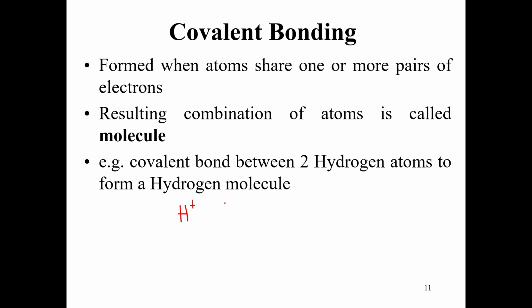So if you have two hydrogens, they can share their electrons together and you will form H2, or your hydrogen molecule. Okay, it actually needs to be explained that if you recall your electron configuration, the first sub-level, or your 1s, only requires 2 atoms. That is why hydrogen forms a diatomic molecule.